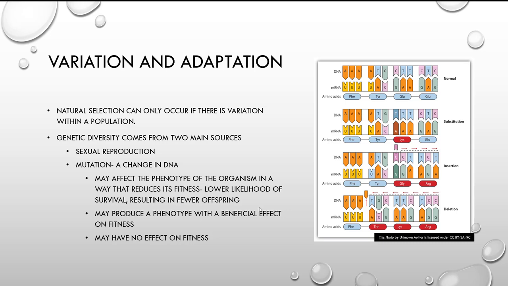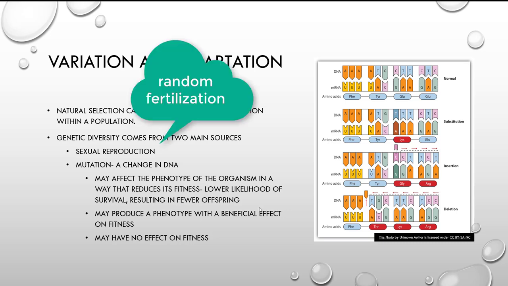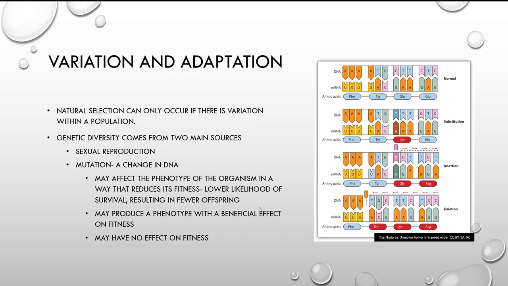Okay, so that occurs with the shuffling of the chromosomes and everything. We get genetically unique DNA through sexual reproduction. Another thing with sexual reproduction is random mating, with the random fertilization. So that's the third way that we can get some genetic diversity with sexual reproduction.